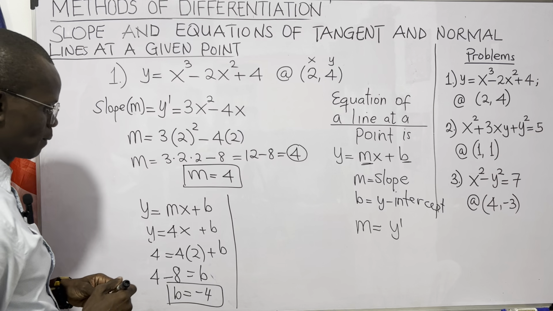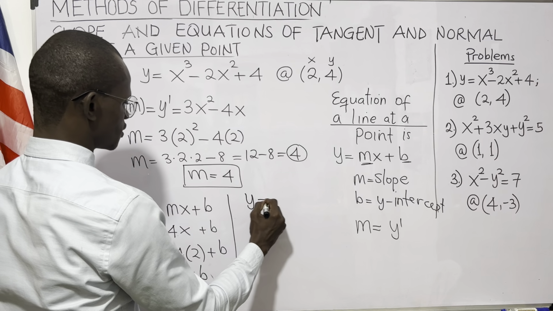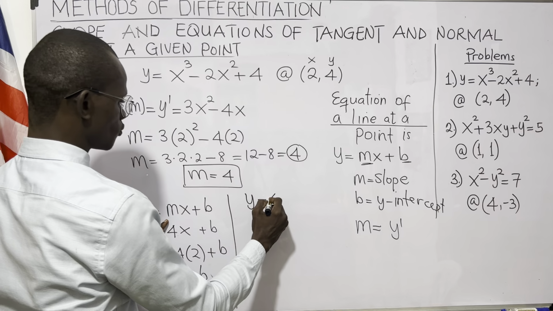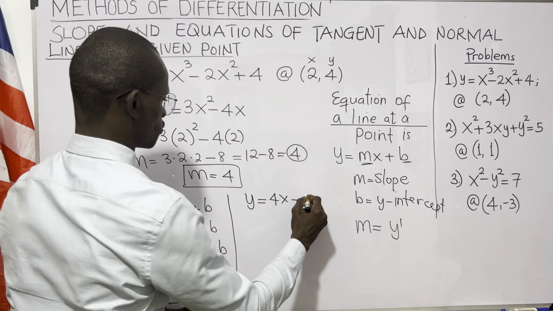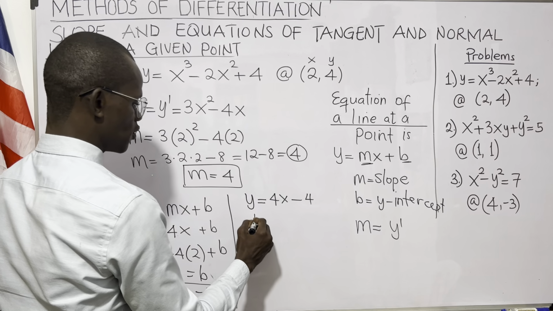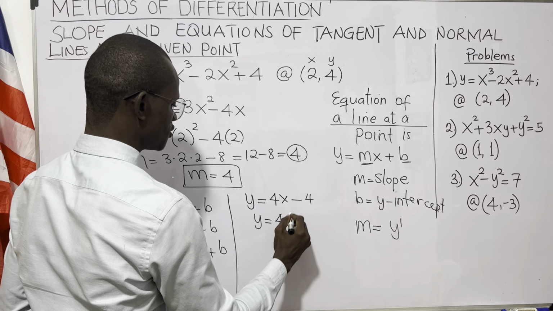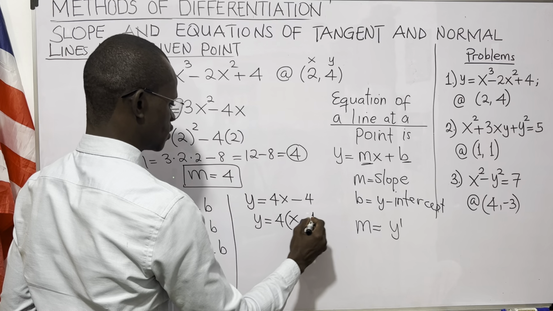So if b is equal to minus 4, we can now find the equation of the tangent line. That is y equals, we know m to be 4, x, and then b is minus 4. So you could just simplify it as 4 outside, x minus 1.